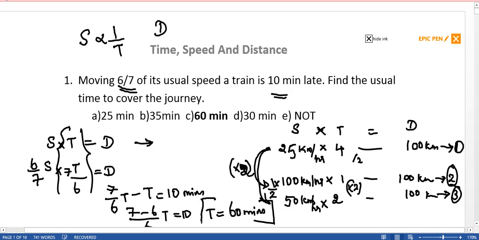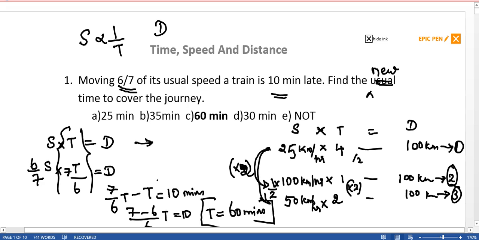Isn't that what is asked in the question? Find the usual time to cover the journey. So that's what is asked. Suppose they ask to find the new time to cover the journey, then what will your answer be?